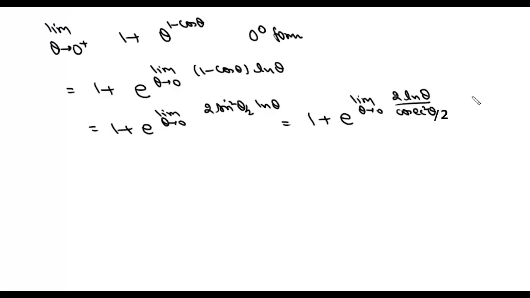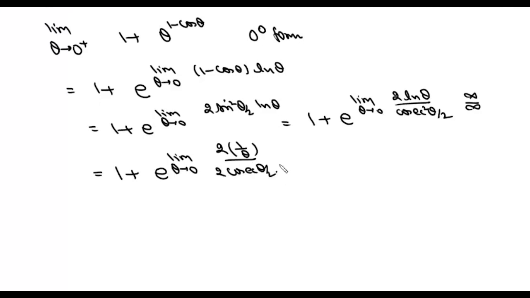Now this is infinity upon infinity form. So if we use L'Hopital's, we can write this as 1 plus e to the power limit theta tends to 0, and this is 2 into 1 upon theta, and here it is minus cosec theta by 2 cot theta by 2 into 1 by 2.